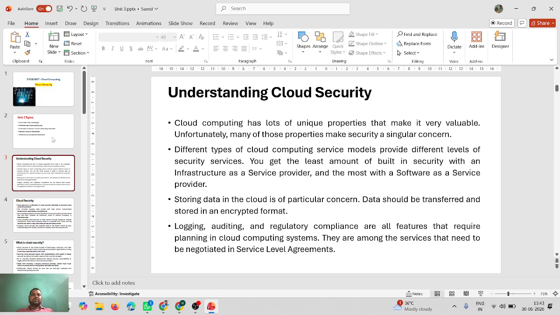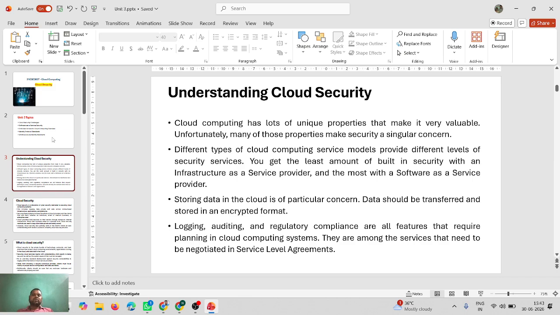So first, we have to understand what is cloud security, right? Basically, security means how we are protecting our valuable things, right? Valuable things. The cloud computing environment consists of both hardware and software, which makes it very difficult to have a secure system for cloud computing environments.